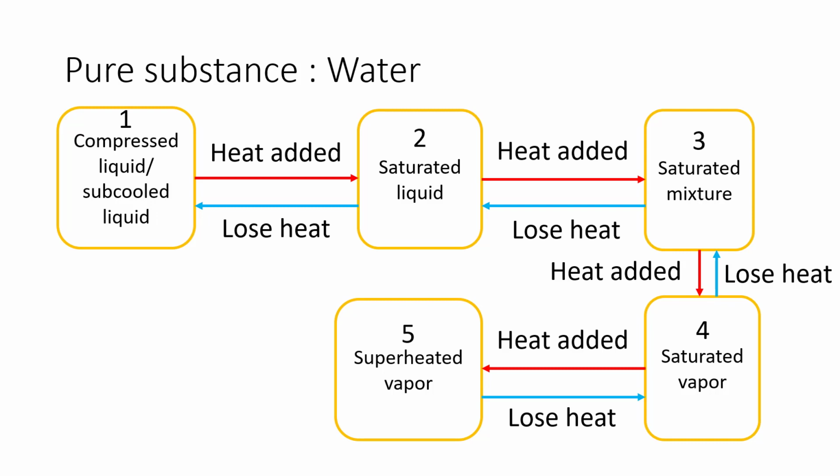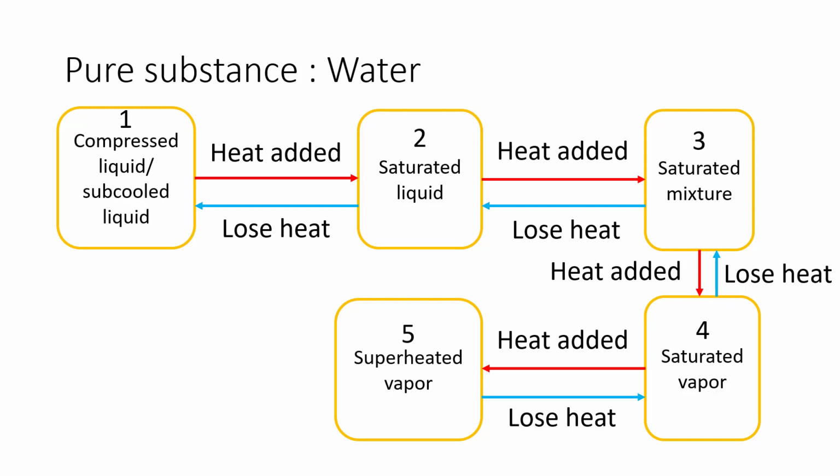Take an example of water as a pure substance. If compressed water is heated by adding heat, the temperature of the water will increase, resulting in all the water changing phase from compressed liquid to saturated liquid. If we add heat again, the phase will change from saturated liquid to saturated mixture. So the mixture consists of both saturated water and saturated vapor. If heat is added again, all the liquid will change into vapor, creating saturated vapor.